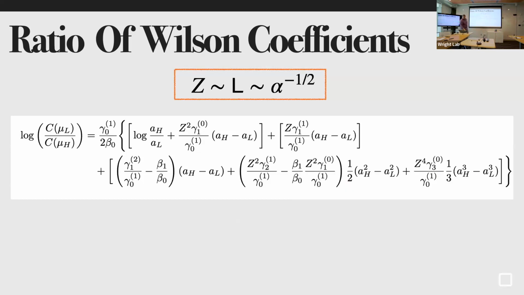It has these things, AH and AL, which are alpha at the high scale and alpha at the low scale. And you just wiggle the scale in the theory. Any dependence on the scale is indicative of some higher order correction that's supposed to cancel that dependence. So it's giving you an estimate of the next order in the expansion.